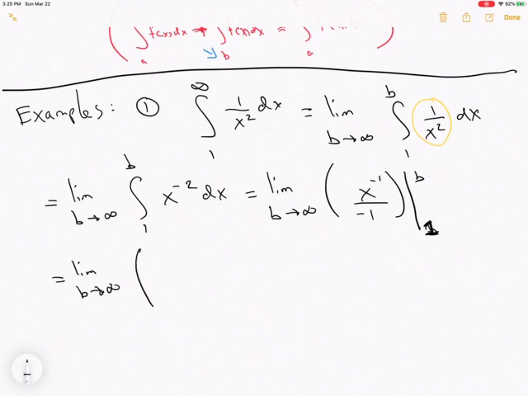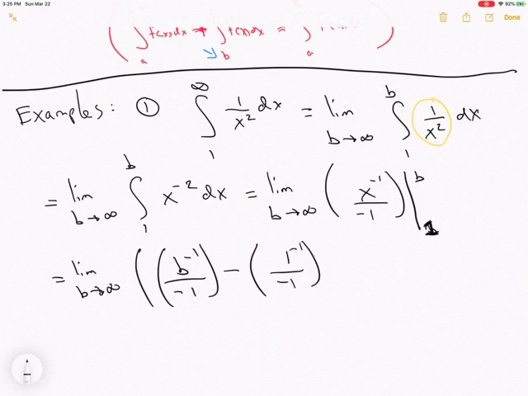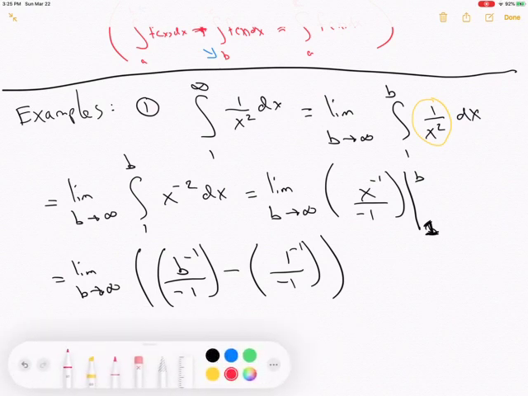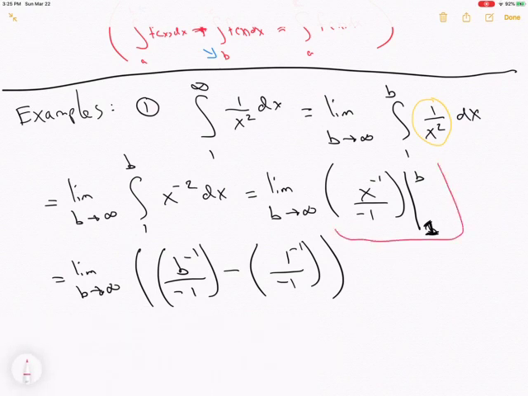So you plug in b in here. So you get b to the minus 1 divided by minus 1. And you subtract from that, you plug in 1. So that's 1 to the minus 1 divided by minus 1. All I'm doing here is just expanding the meaning of this.